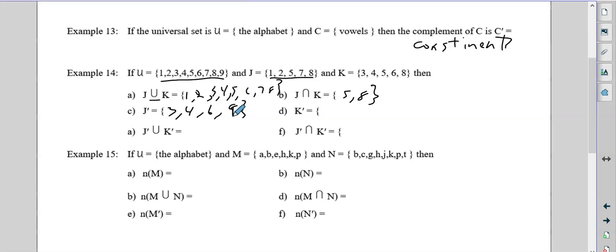What's in the universal set that's not listed in J? What's the complement, K prime, of K? In other words, what's missing from K? We have 3, 4, 5, 6, 8, so we're missing 1, 2, 7, and 9 from K.